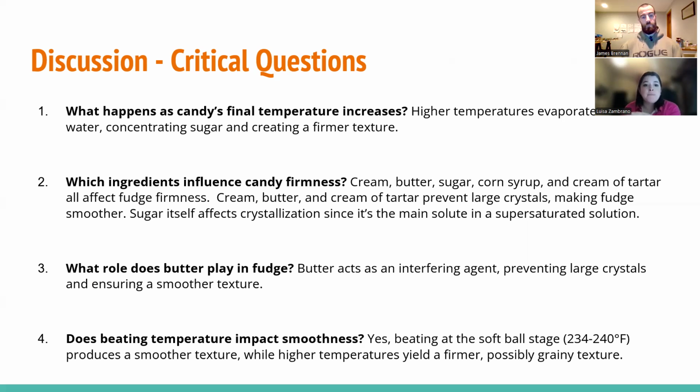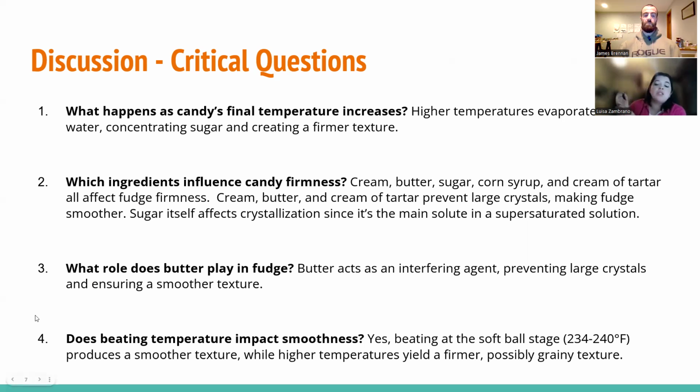And then the other one is, does beating temperature impact smoothness? And the answer is yes. It does impact smoothness. Beating at the softball stage, which is between 234 and 240 degrees Fahrenheit, actually produces a smoother texture, while higher temperatures yield a firmer and possibly a grainier texture.